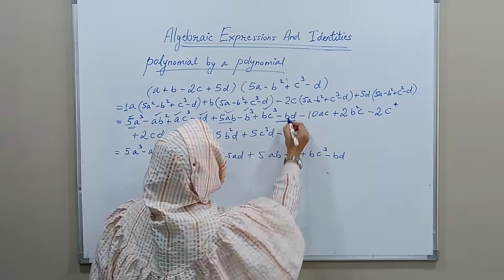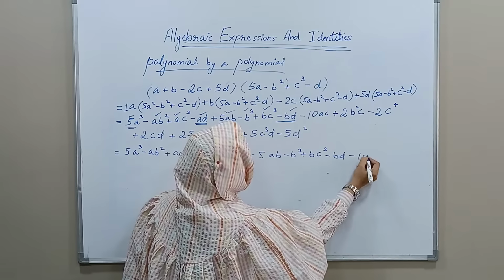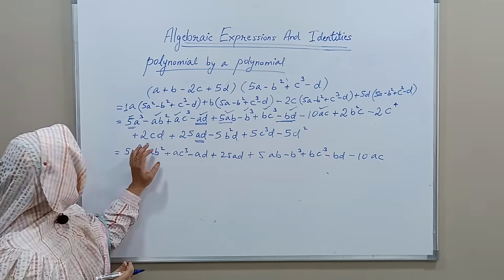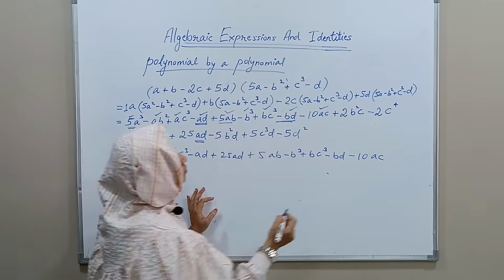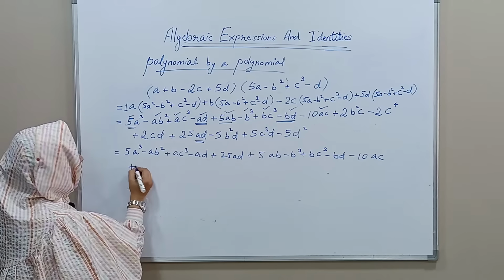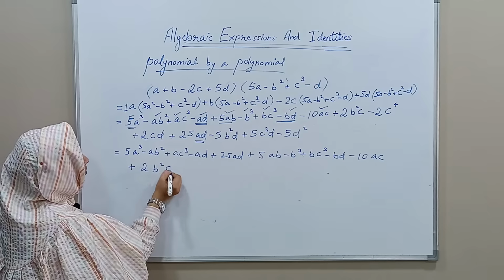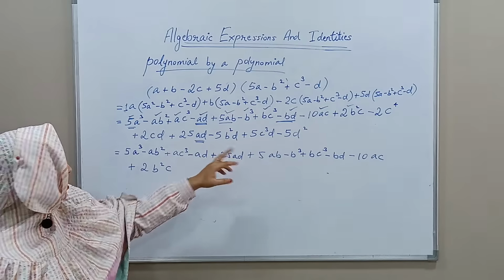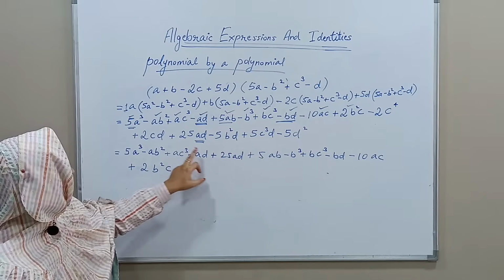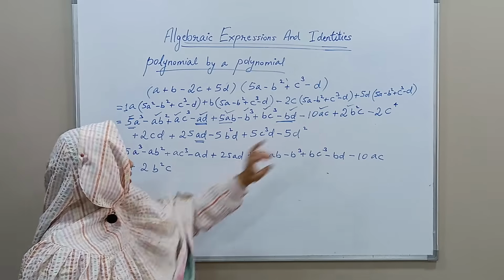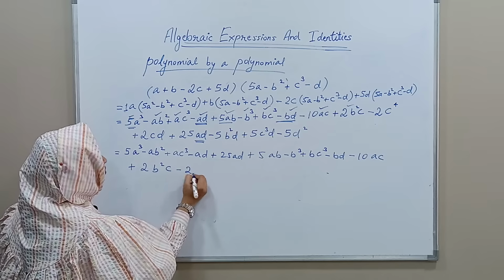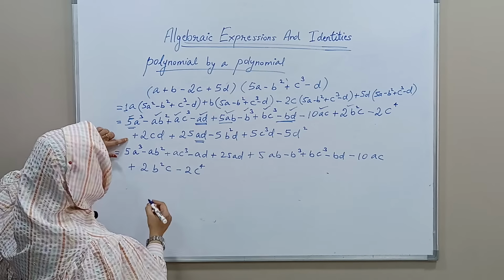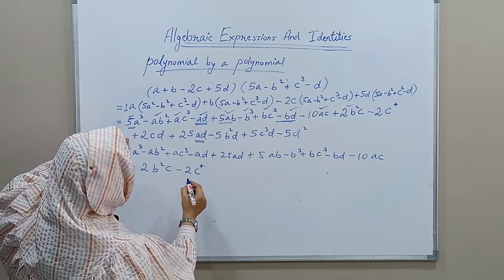Then we have minus 10ac and plus 2b square c. All are unlike terms, so we cannot solve them. We do not have another b square c. Minus 2c to the power 4, then 2cd.